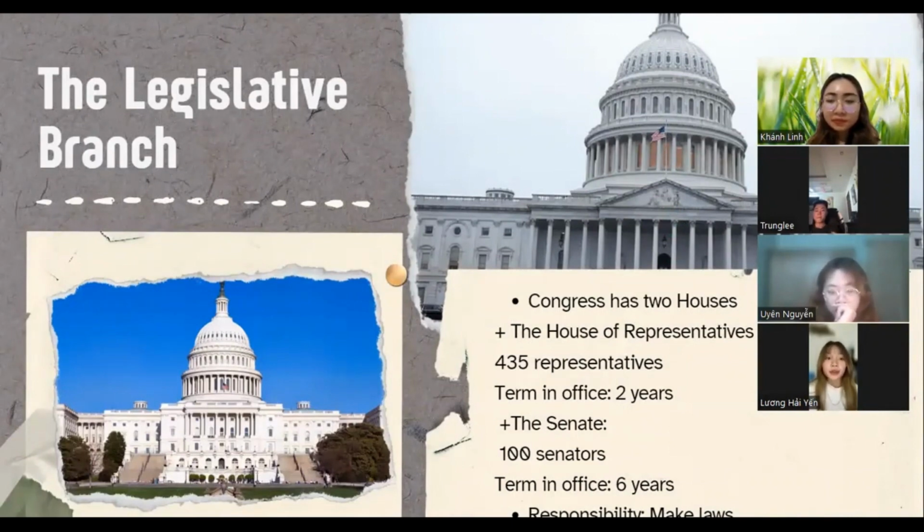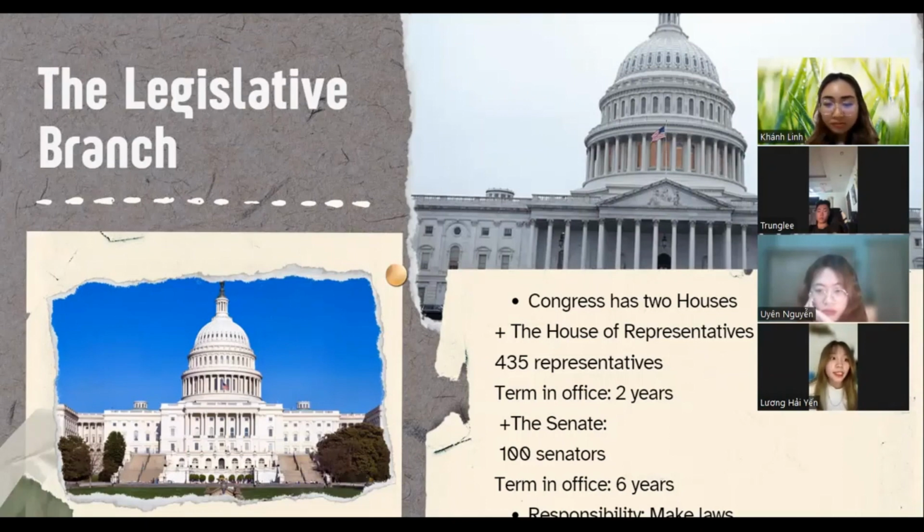As I mentioned before, the legislative branch is Congress, and it has two houses, the House of Representatives and the Senate. The number of representatives per state is based on each state's population. Currently, there are 435 representatives, and these representatives are elected to a 2-year term.